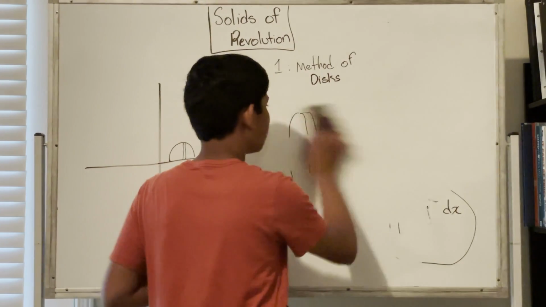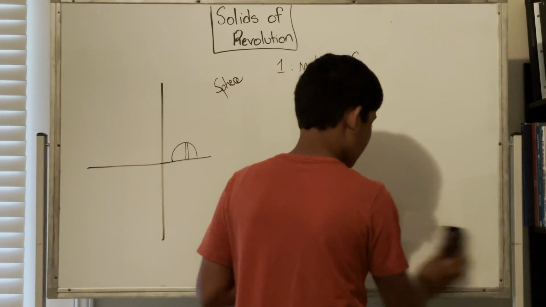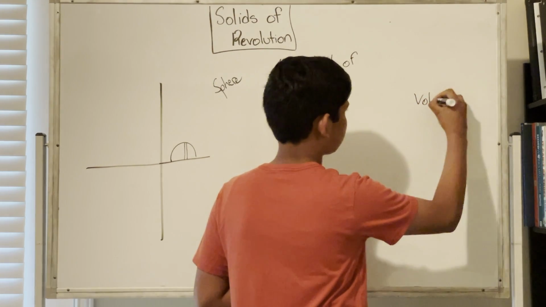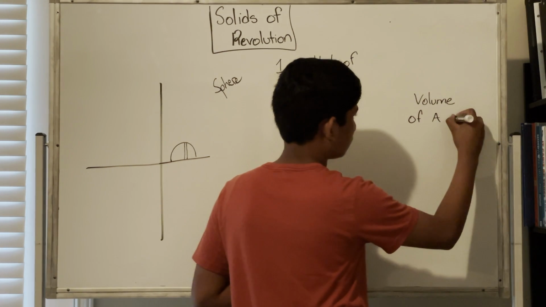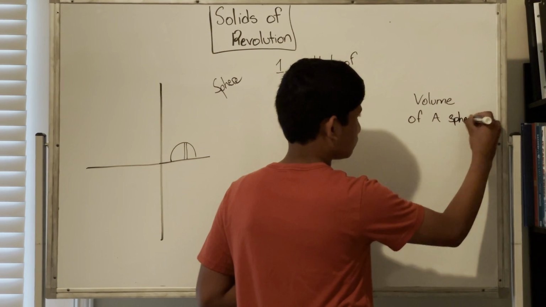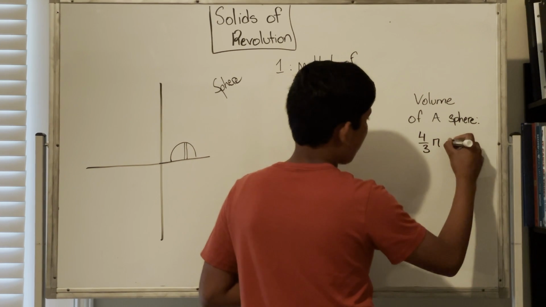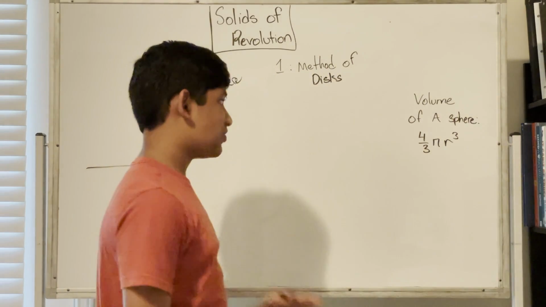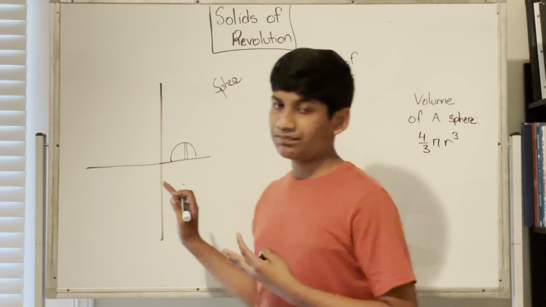Now, let's actually try to find the volume of a sphere. The volume of a sphere is just going to be, pi r cubed. So this is going to be the volume of a sphere, and we're going to derive this from this semicircle over here.